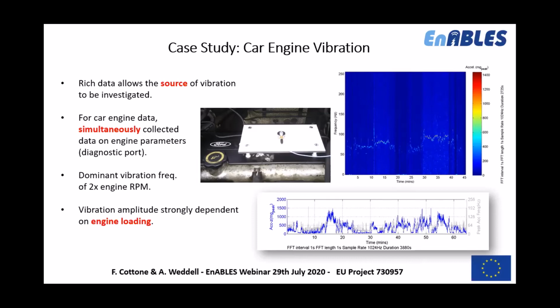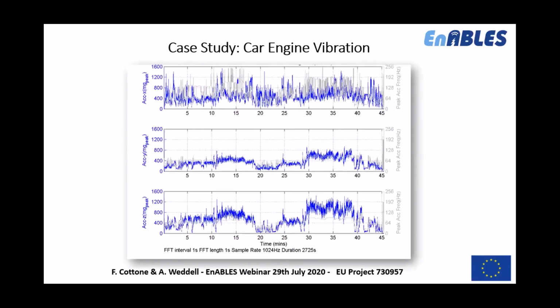We also found the vibration amplitude was very highly dependent on the loading. When you put your foot down, the vibration on the engine increases significantly. We've captured vibration in 3 axes at high resolution, I think sampled at 1024 hertz, so it enables you to look at the profile of vibration to help you design your harvester.